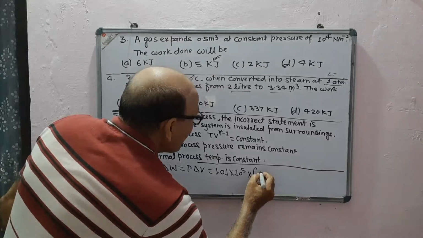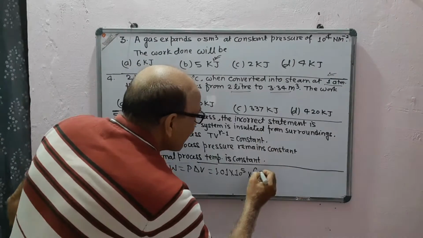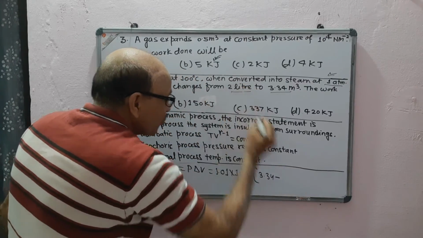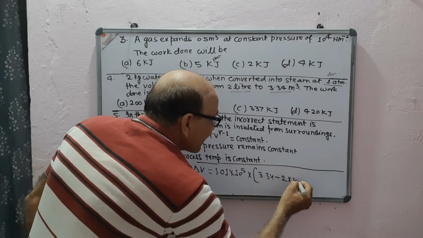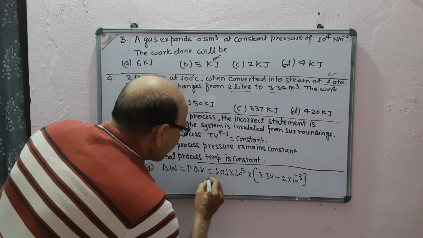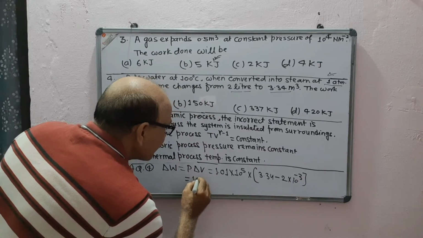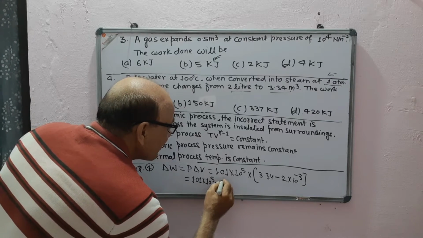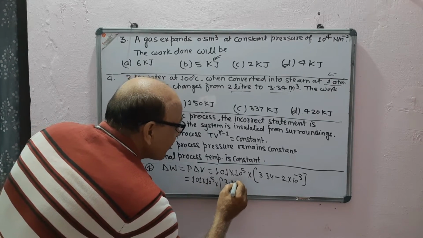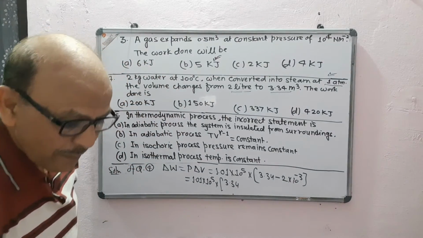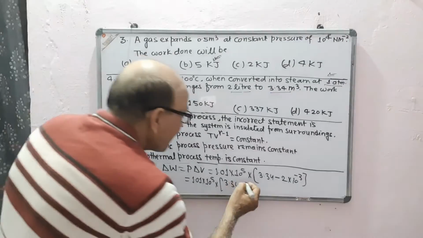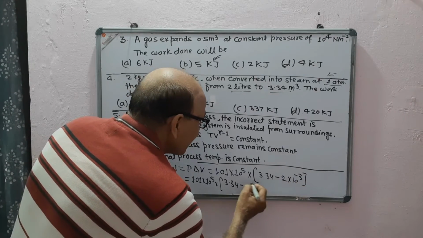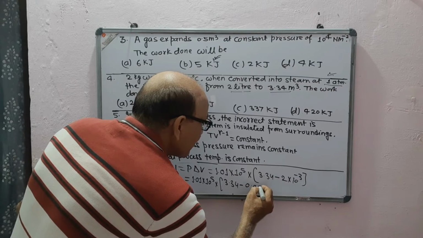So it is 3.34 minus 2 into 10 to the power minus 3, which can be written as 1.01 into 10 to the power 5 into (3.34 minus 0.002), since 2 upon 1000 means 0.002.